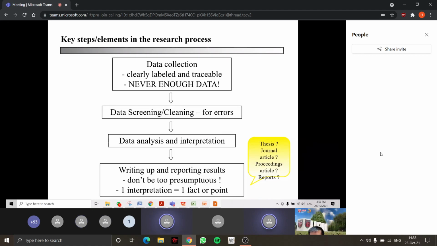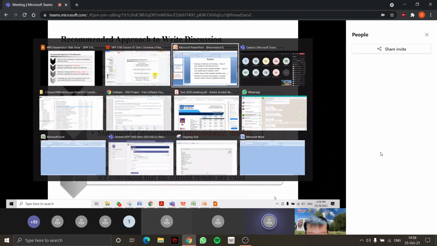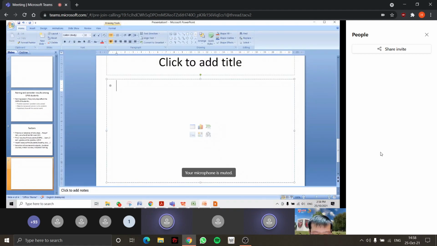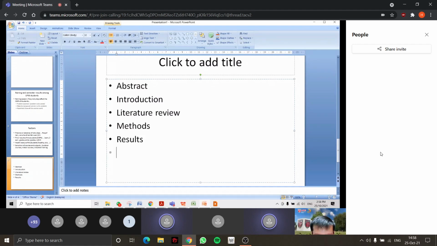Now, whenever you write your thesis, one thing that you may want to pay attention to is that a thesis will have these components: abstract, introduction, literature review, methods, results, discussion, conclusion.